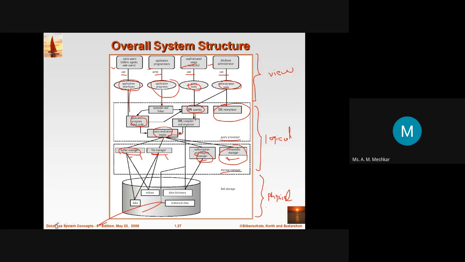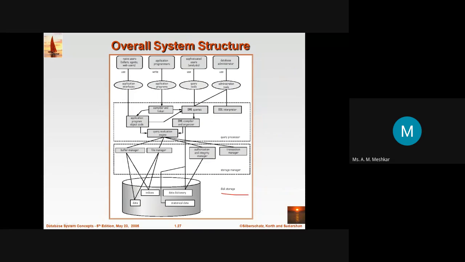physical level. Okay, which is actually how your data is stored physically. They store where data will be stored, actual data in the form of maybe tables. Okay, but using various data structures, maybe this is just a logical representation of how your data is going to be represented, or we are storing it inside the tables.